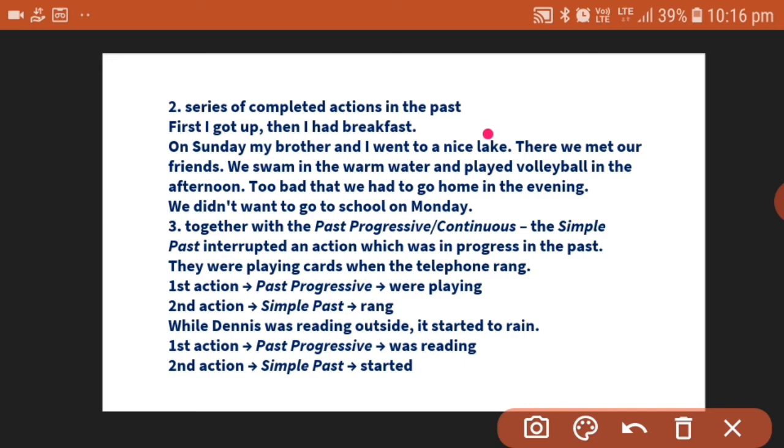There we met our friends. We swam in the warm water and played volleyball in the afternoon. Too bad that we had to go home in the evening. In this way, we can say this is a series of actions.